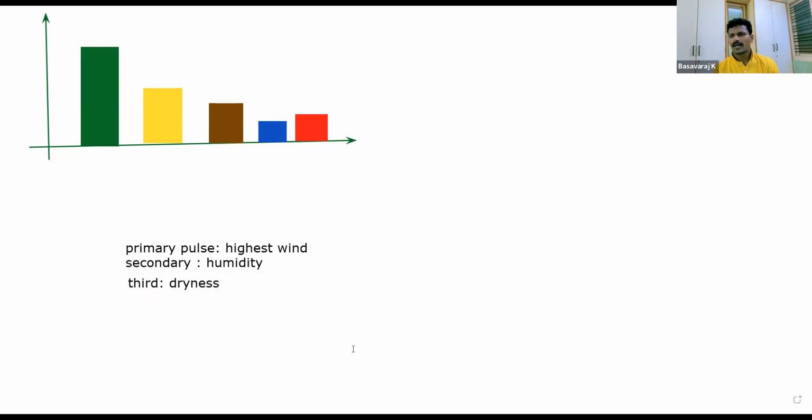Regarding heartbeat, if it is between 75 to 85, we consider it normal. If the pulse is less than 65 or more than 95, then we consider it either cold or heat.